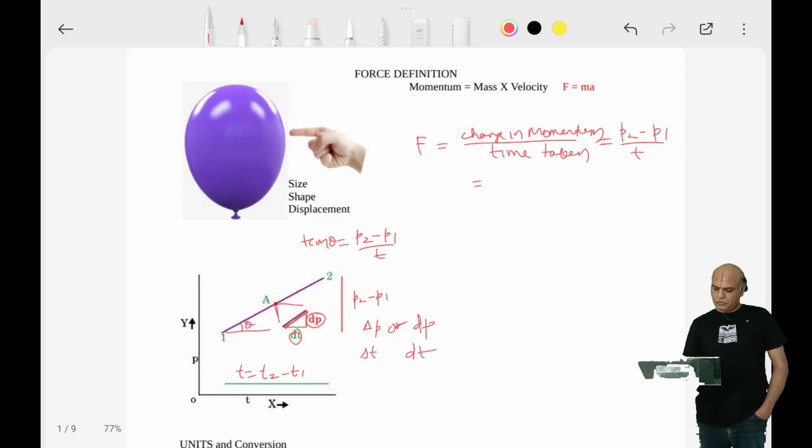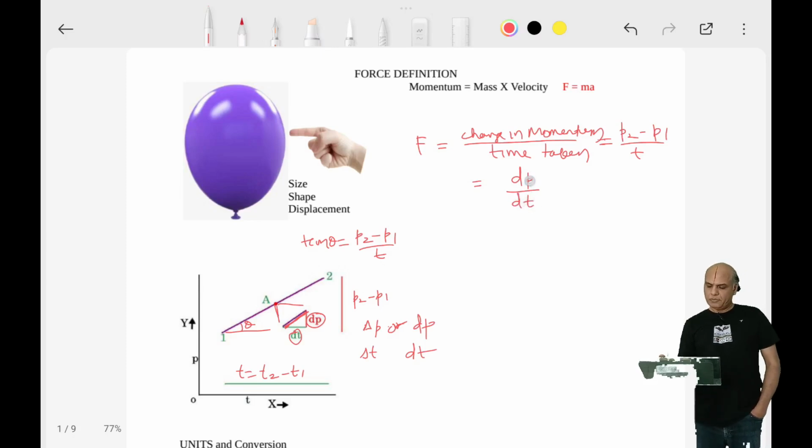Okay, so at point A I can write the same equation as infinitesimally small change in momentum by infinitesimally small change in time. So what does this mean? Rate of change of momentum. Or I can write it as delta p by delta t. Now we know that momentum is the product of mass and velocity.